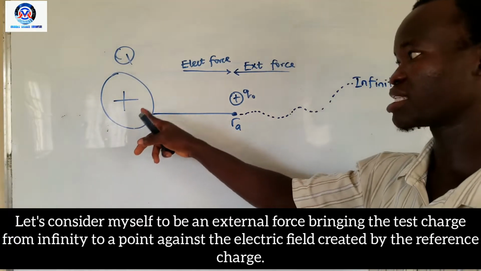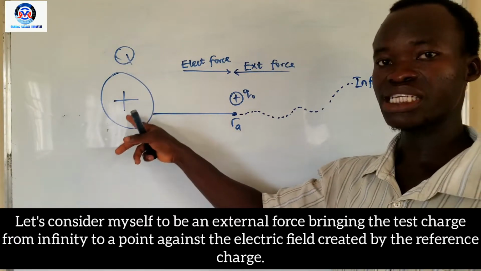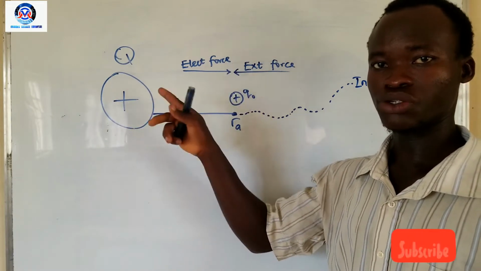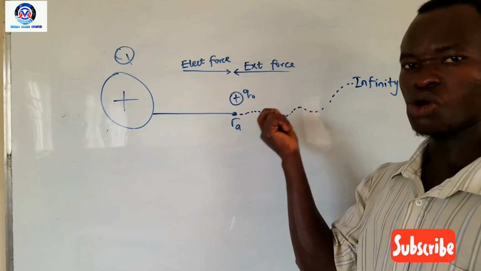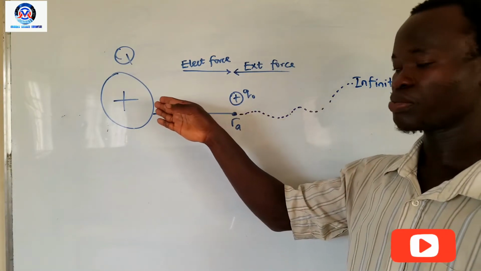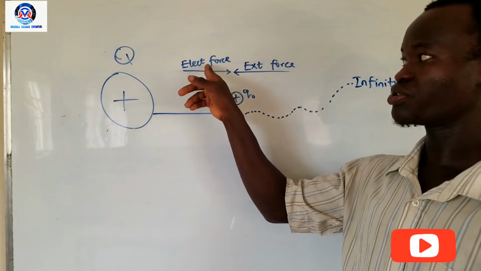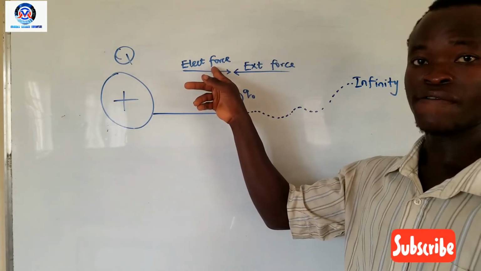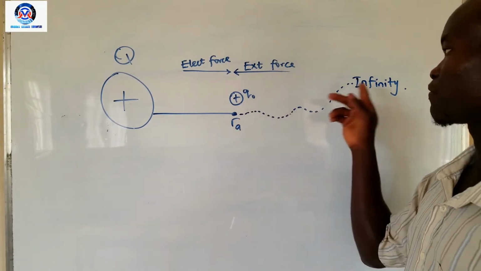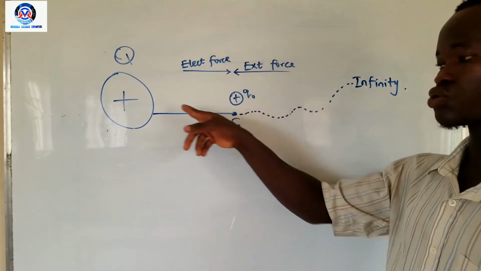Don't forget that the reference charge has created an electric field, a significant electric field, in such a way that when this small charge is coming closer to the big charge, the small charge will experience what we call electric force. I am the external force, bringing the test charge from infinity closer to the reference charge.